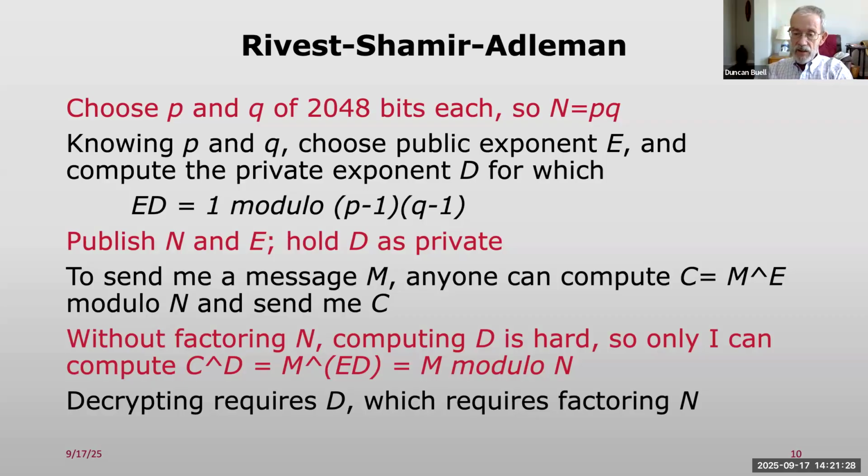And that ciphertext can then be sent. And if you take that ciphertext to the private key D that you haven't told anybody about, the math theorem says that turns into the original message, mod n.